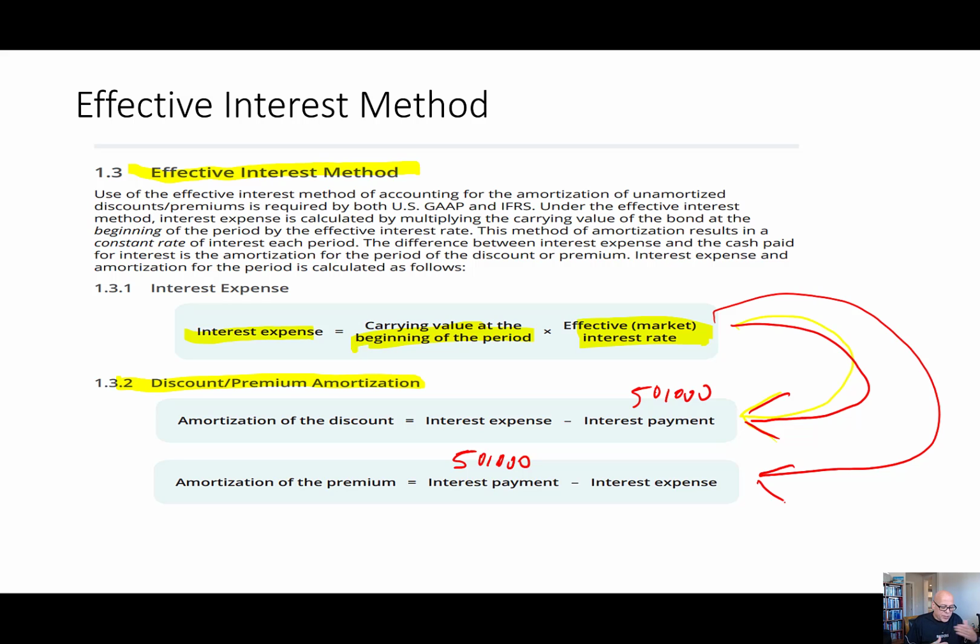The only reason they put the interest expense on the other side in this graphic here is they wanted the number to come out positive. So just think of it, it is the difference between the cash interest, right, which is the face of the bond times the coupon rate, and the interest expense, which is the carrying amount of the bond times the market rate of interest. Coupon, contract rate, those are all, of course, as we've said several times now, synonymous terms.